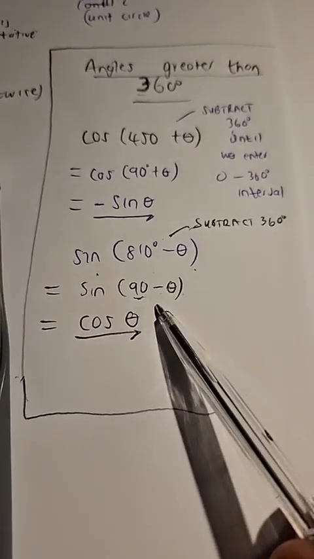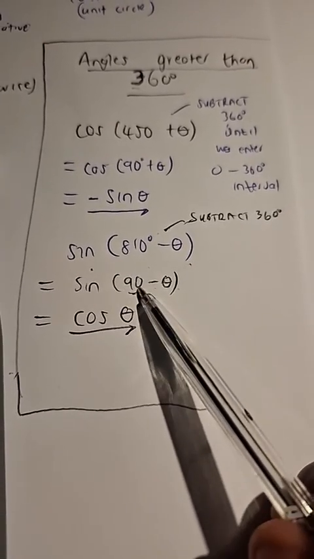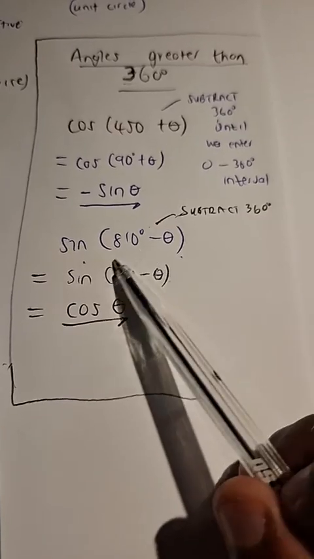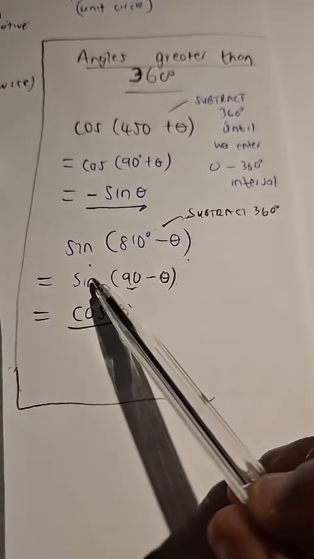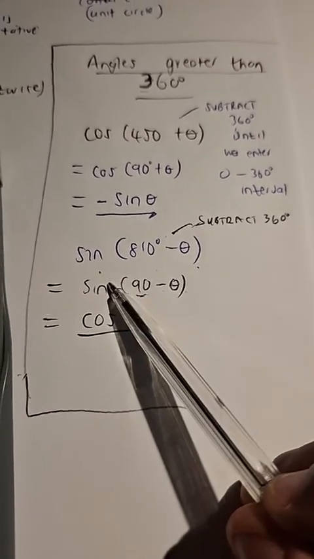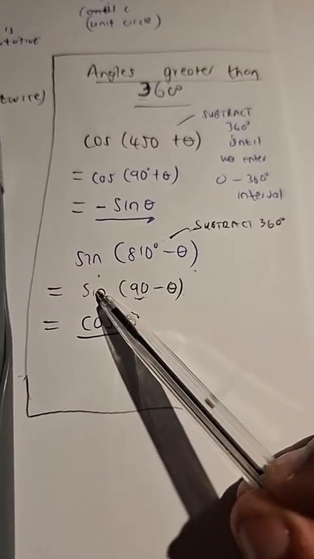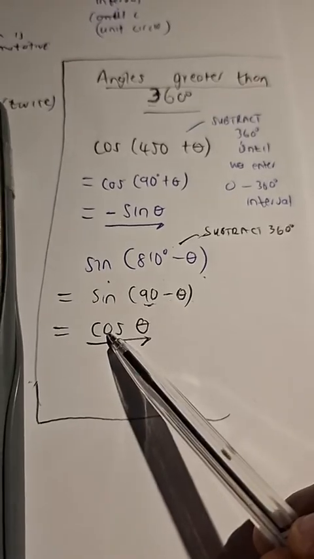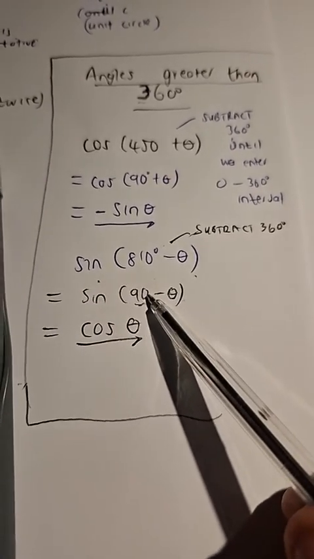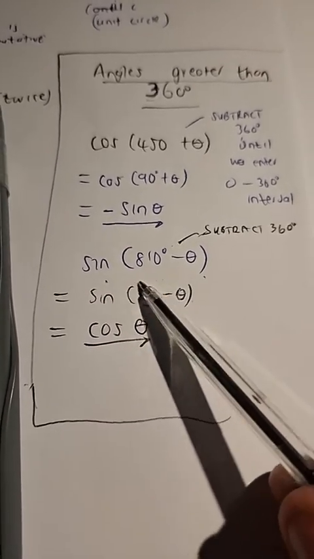Since it's a co-function value, we know with 90 minus, 90 plus, 270 plus, and 270 minus, the trig ratio sine will change to cos. If it was cos, it would change to sine when we reduce it. That is special and unique about our co-function values.